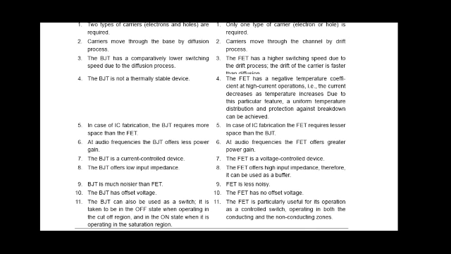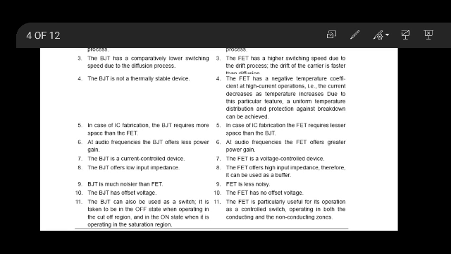Whereas in BJT, even if it is a non-zero voltage, the voltage should cross a certain voltage level. Then only your BJT will be in on state. So a BJT has an offset voltage, whereas a FET does not have any offset voltage.